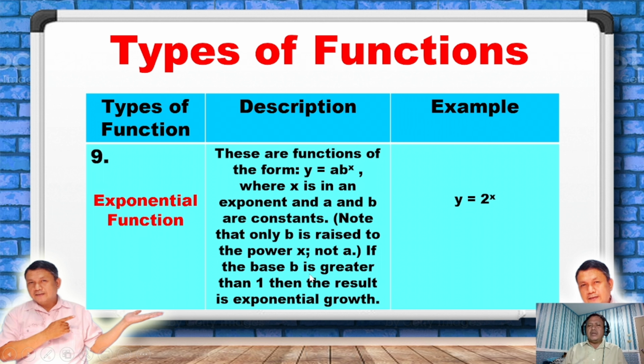If the base b is greater than 1, then the result is the exponential growth. We have y is equal to 2 raised to the x. Kapag ang exponent natin ay variable na kagaya ni x, so that is an example of exponential function. It means yung x natin ay nasa exponent. Yon ang tinatawag na exponential function.